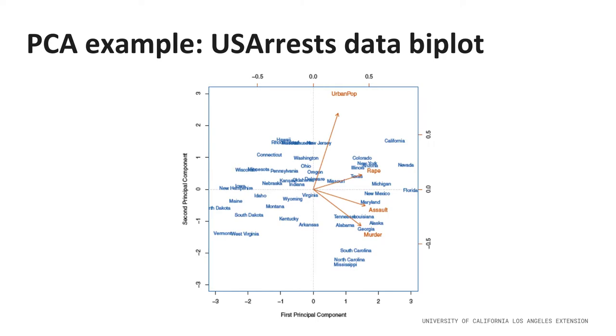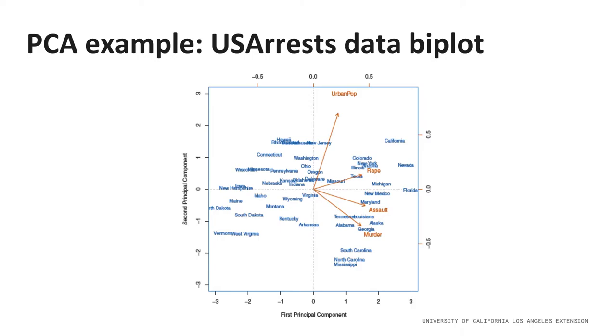There's a handy visualization tool that will help us understand this a little bit more. It's called a biplot. If you look at this, you have two principal components and they're put on the X and Y axis. And you can see that murder, assault, and rape are pointing to the right for the first principal component, and they all point about the same range. Urban pop also points to the right, but not as far.